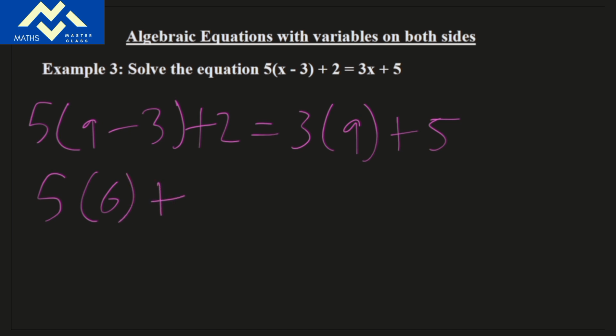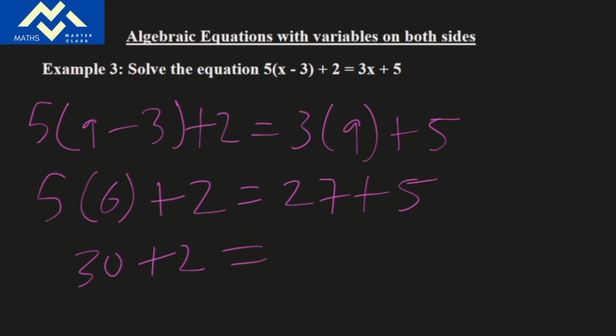Equals 3 times 9 is 27, so 27 plus 5. So 5 times 6 is 30. Bring the plus 2 equals 27 plus 5 is 32. And 30 plus 2 is 32. The equation is balanced. That means x equals 9 is the correct solution.